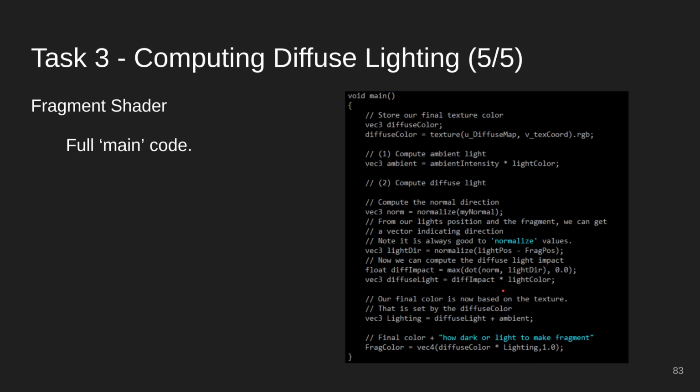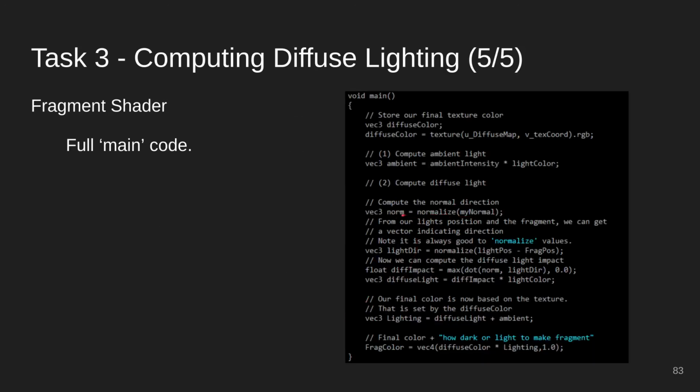So here is the full main code in our shader. The stuff above this in our fragment shader is setting things up, but here's our diffuse color, which we get from our texture. We compute the ambient light, which is just the color of our light times the intensity. Then we compute our diffuse light. So here it is in code, this written explanation.